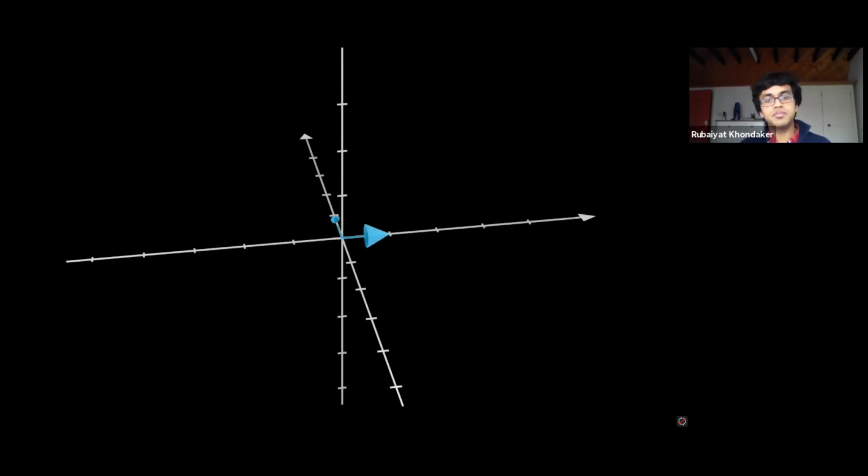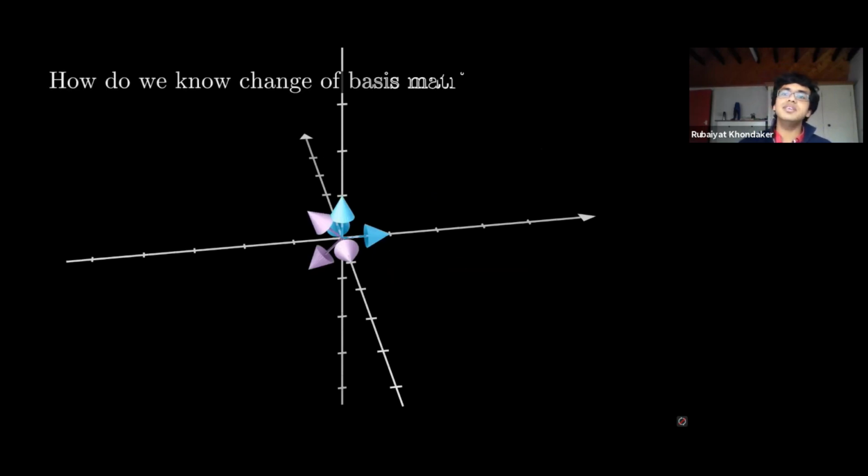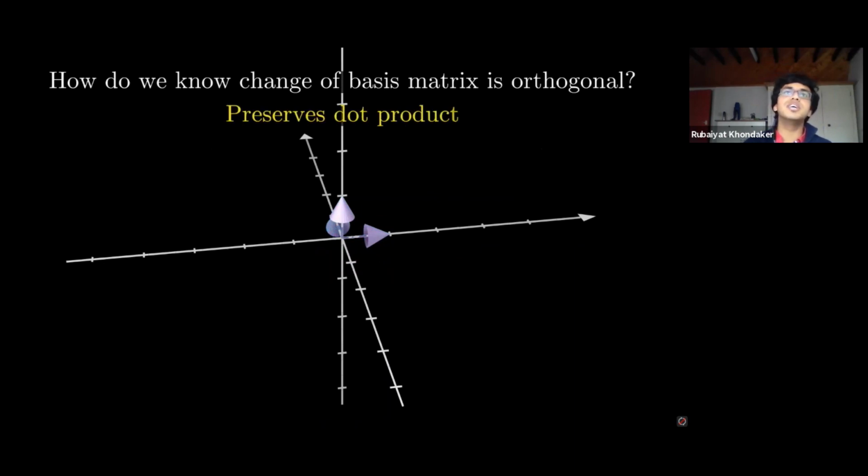So let's say here we've got the blue basis and the purple basis. We're using a change of basis matrix. How exactly do you know that the matrix is orthogonal again? Well, because it preserves dot product. This is an alternative way to think about the condition for orthogonality. And you can go through the algebra for this.